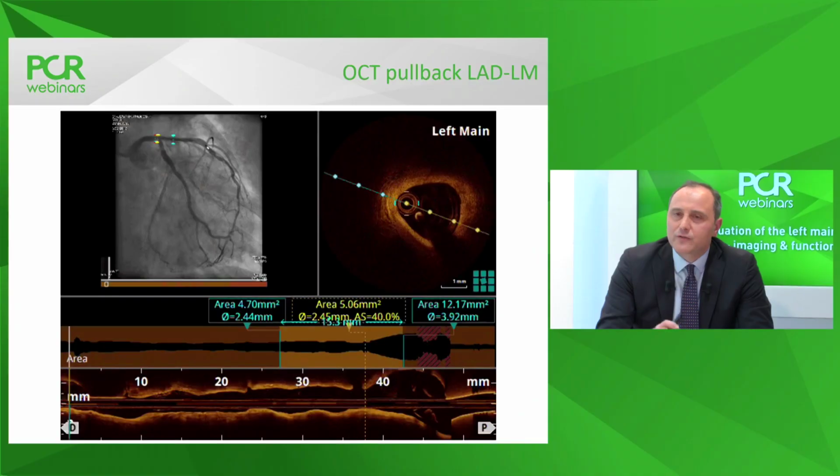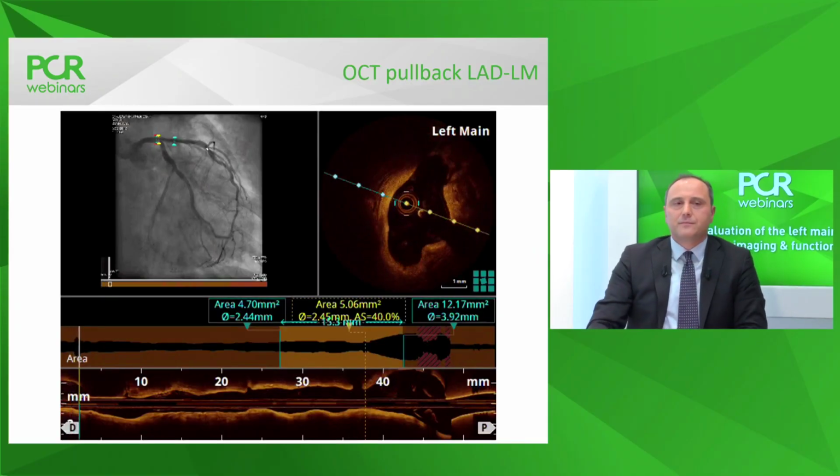But given the good agreement between function and imaging, specifically left main, I think it's also fair to say that we might want, given the prognostic importance of this decision, to complement the diagnostic workout by integrating the diagnostic assessment also with imaging, like Giulio was fairly stating. And in this regard, we can move on with the case, and I would really need Giulio's feedback here. Can you comment on these images? Okay, this is the typical display you have on your screen at the end of the entire pullback.